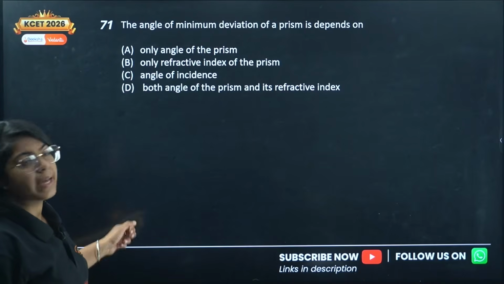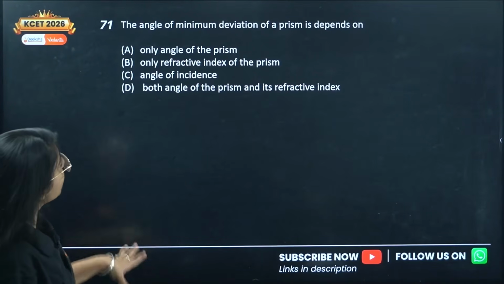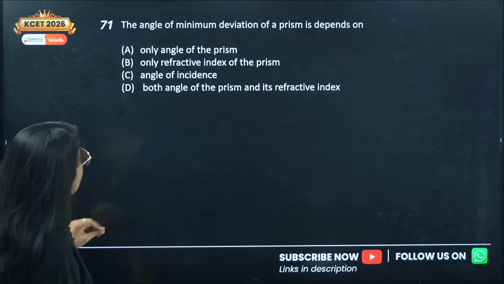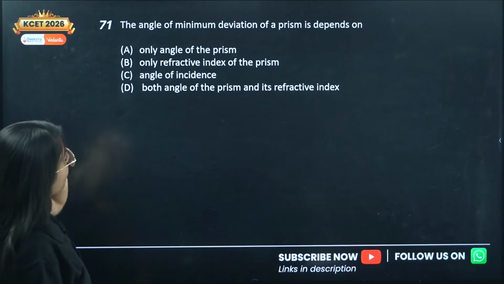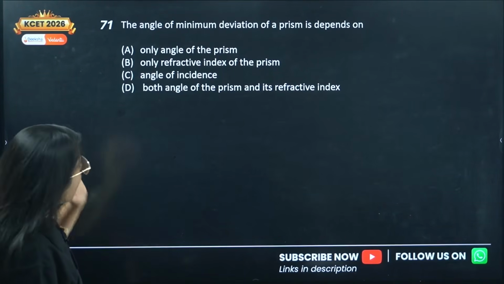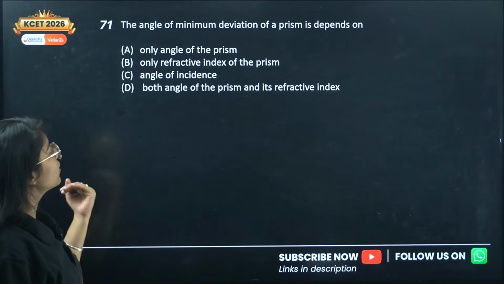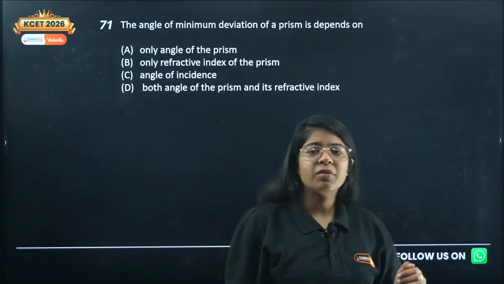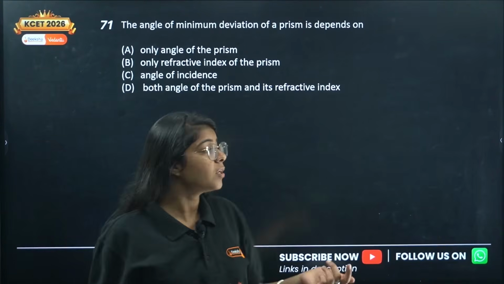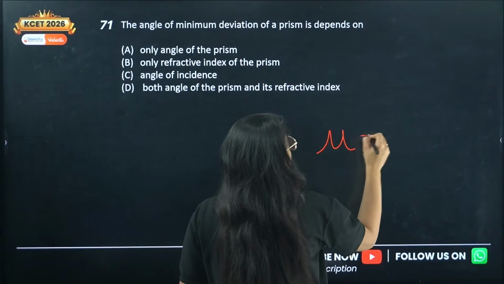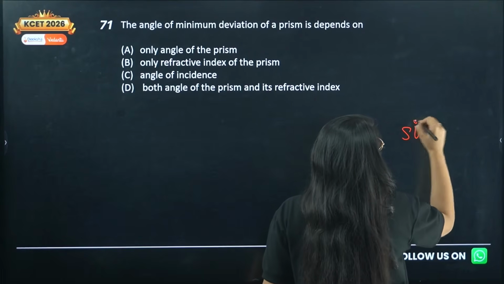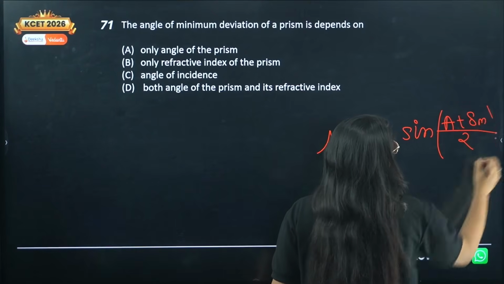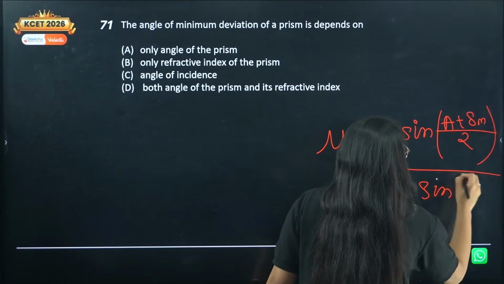Correct? Okay. 71st, the angle of minimum deviation of a prism depends on what? Only the angle of the prism, only the refractive index of the prism, the angle of incidence, or both the angle of prism and its refractive index. Do you know the formula for this? Again, you have to know the formula. The refractive index for a prism we know is sine of (A plus delta m) by 2, where delta m is the angle of deviation, divided by sine of A by 2, where A is the angle of prism.